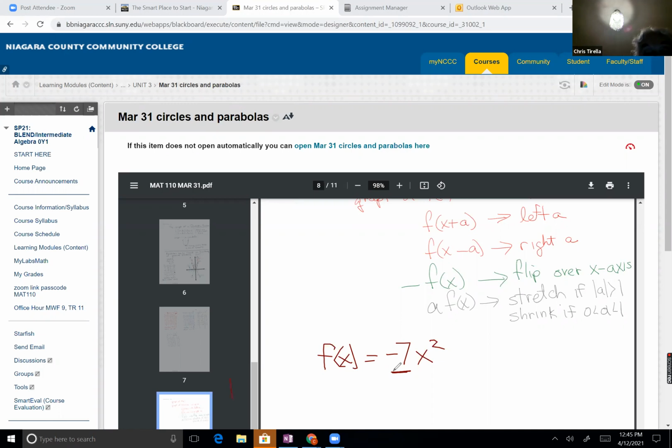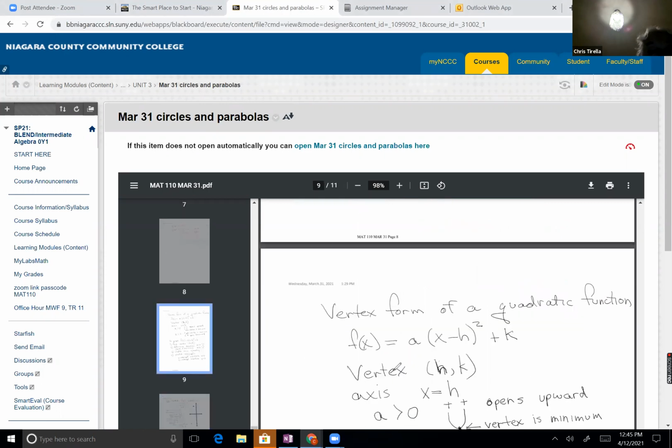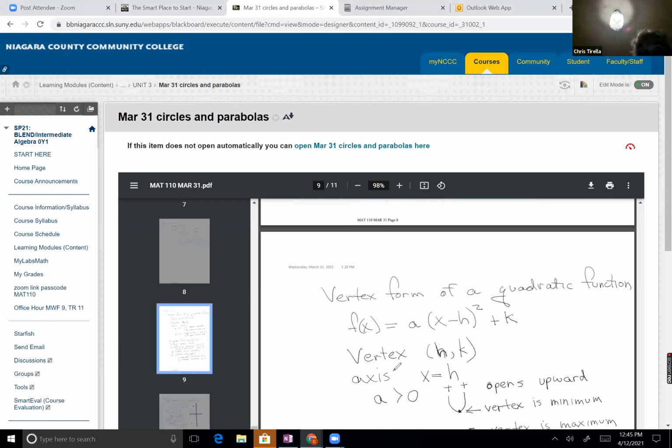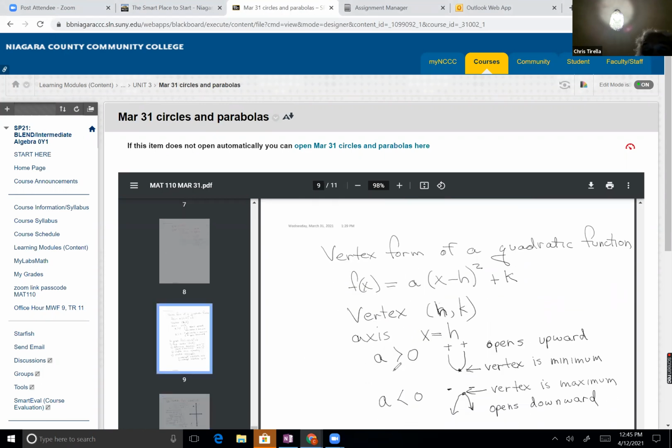And then from there, we went on and said that can give us the vertex form, where if the vertex is h, k, we get a times x minus h quantity squared plus k. So we're thinking of moving it sideways and up and down so that the vertex is h, k.